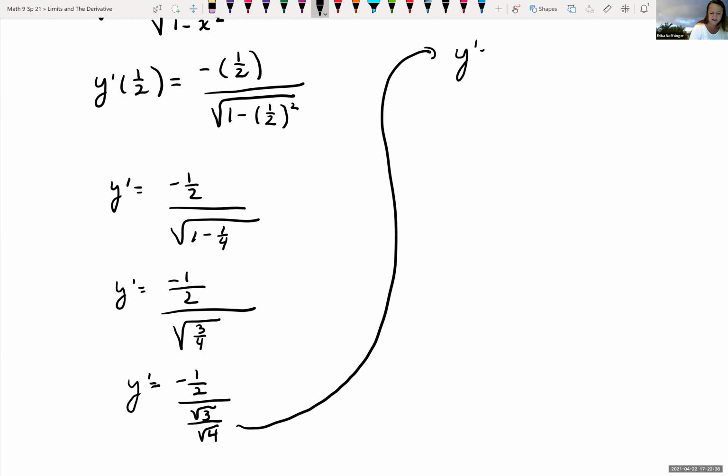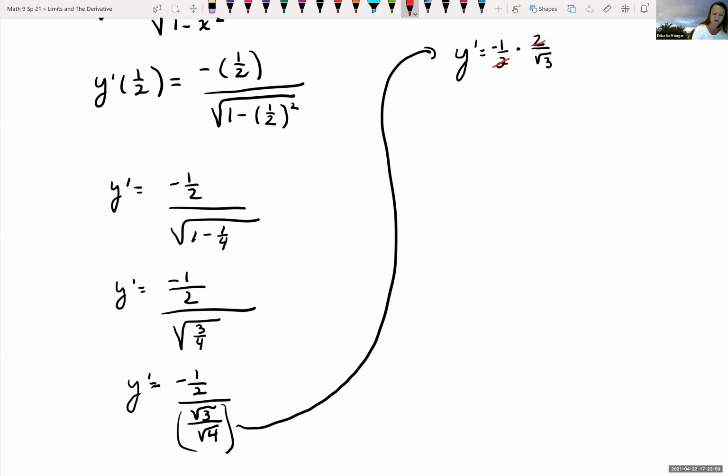Division of fractions, we can think of this as -1/2 times the reciprocal. Well, as I rewrite the reciprocal of the square root of 3/4, I'm going to take the square root of 4. So this would give me 2 all over root 3. Oops, and I dropped my negative, which I don't want to do.